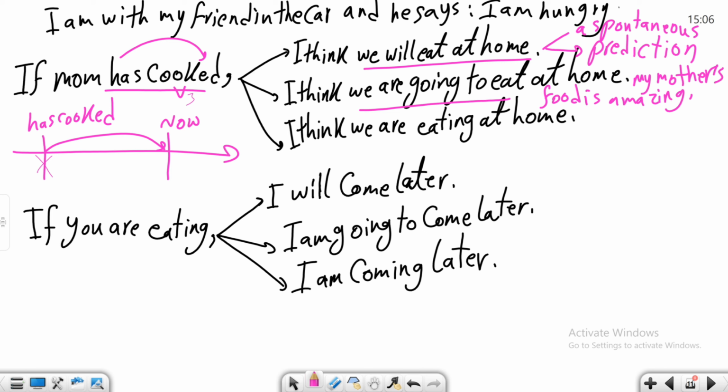I say, okay, if you are eating, even if he doesn't tell me, I tell him, because it's the time for, for example, lunch or dinner. I tell him, okay, I don't know your circumstances, so if you are eating, I will come later. Again, it could be a spontaneous decision or a prediction or something I am not sure of, or I am going to come later.